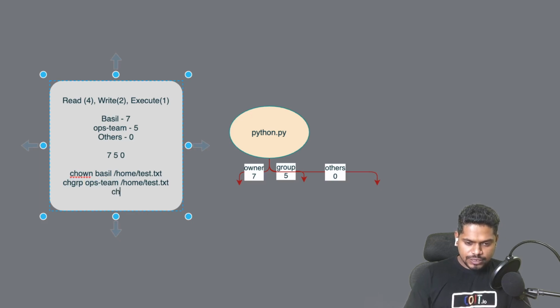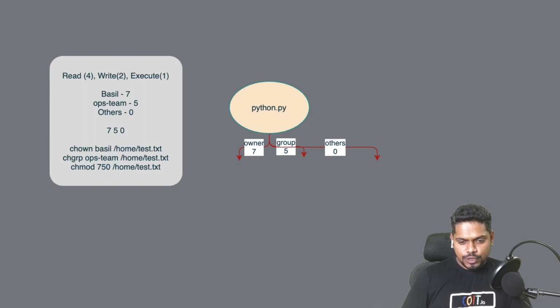Then I would use the command chmod 750, then the file name, to set the correct permission for the file. So 750 indicates 7 for the owner, Basil in this case, the second number indicates 5 for the group opsteam, and 0 indicates what permission everyone else will get.